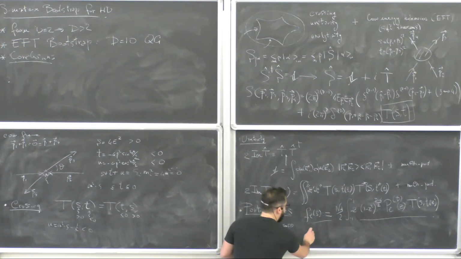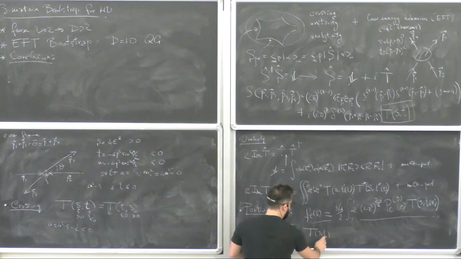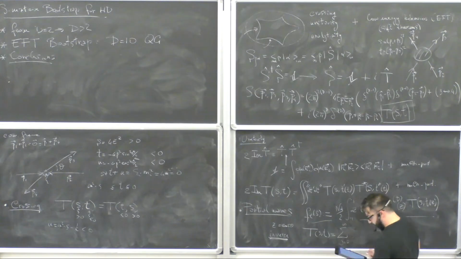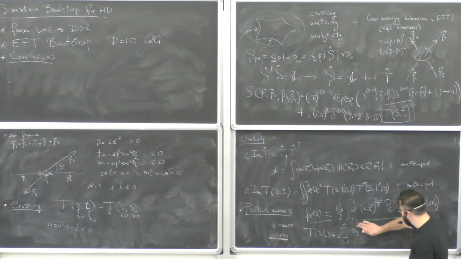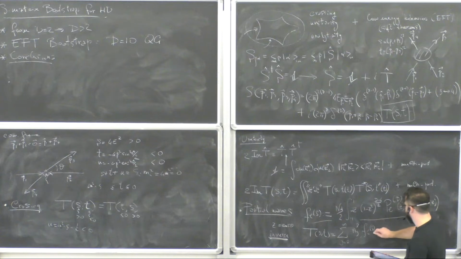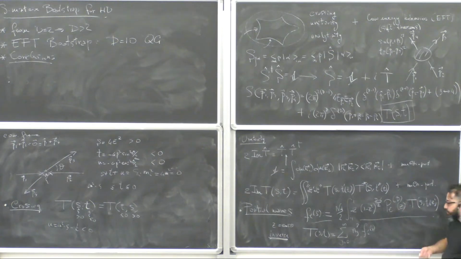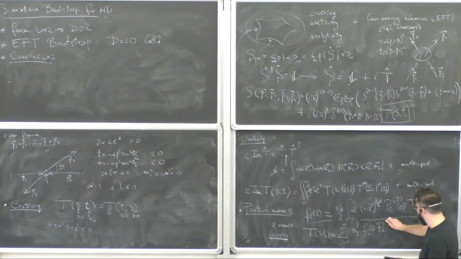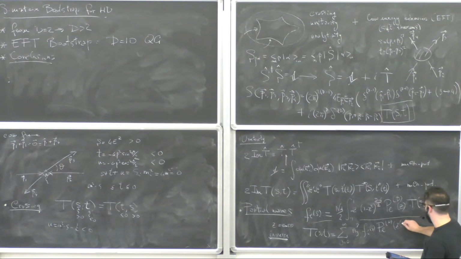The inverse is just the fact that T of S and t can be written as the sum over spins, with some normalization factor, again, that depends on the spin and the dimension d, of F_L of S, and the dependence on the angle is contained in the argument of the partial waves. So you have P_L^d of Z, which is a function of t, if you want.